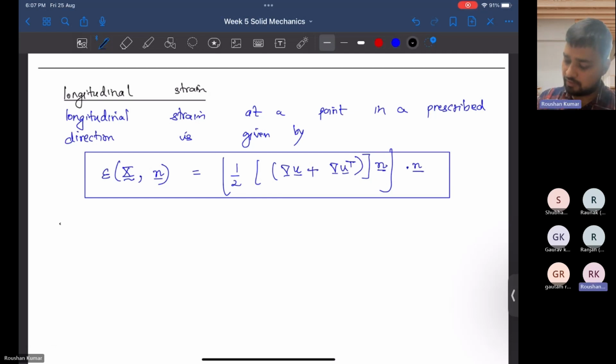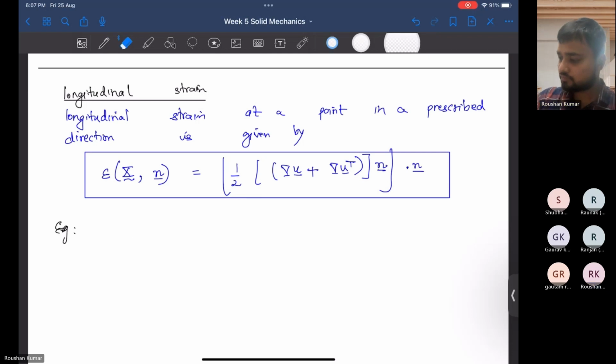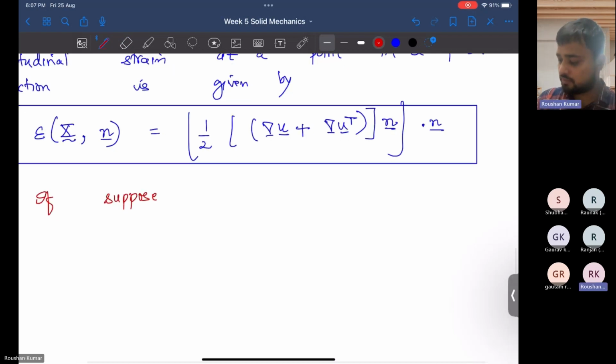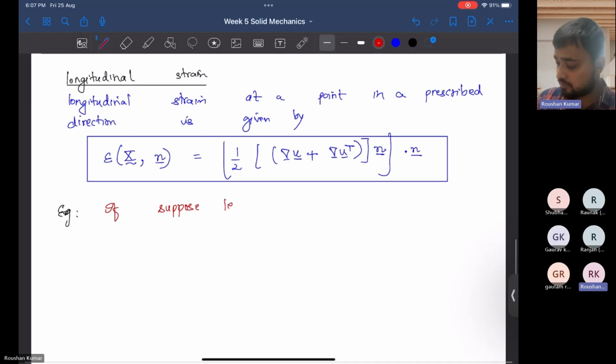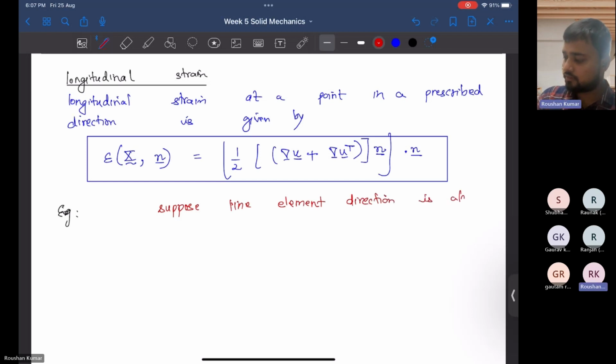Just as an example, suppose the line element direction is along E1.